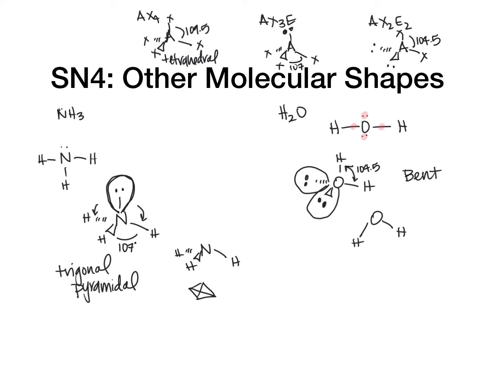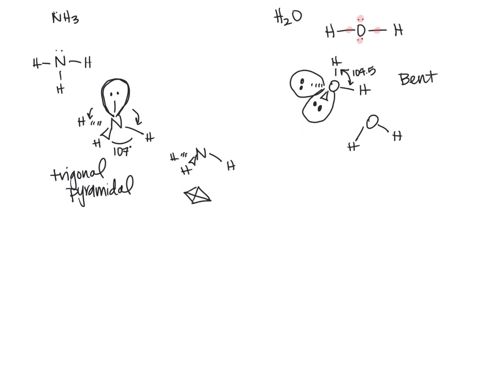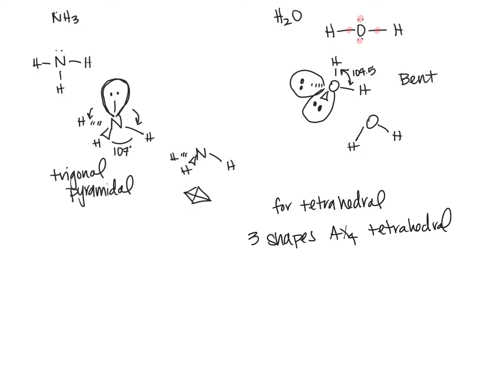So for the tetrahedral base geometry, there are 3 shapes. For AX4, it's tetrahedral. For AX3E, it's trigonal pyramidal.